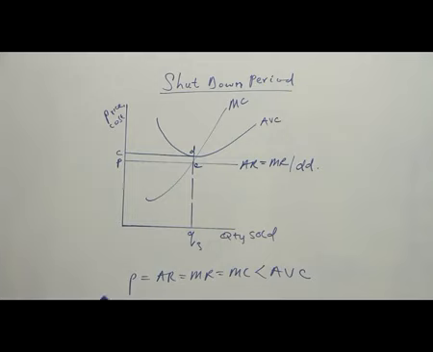Now, let's look at this symbol where we said price equals average revenue equals marginal revenue equals marginal cost. Now, less than average variable cost, because the firm cannot cover that, the firm is advised to leave the industry.